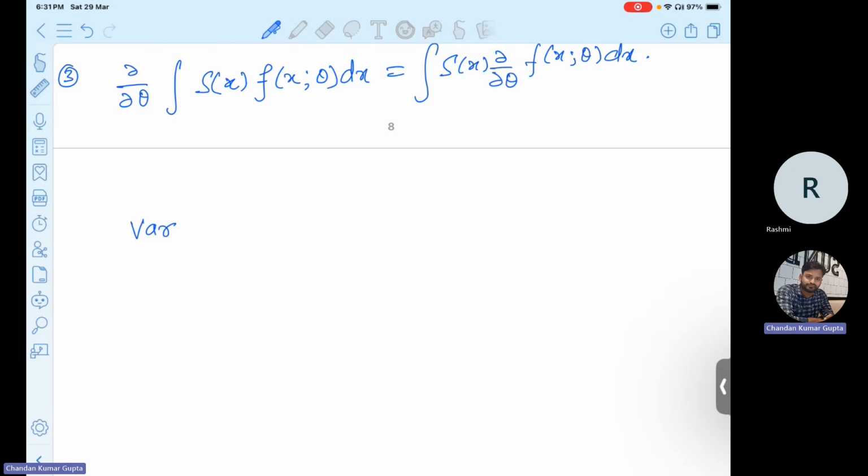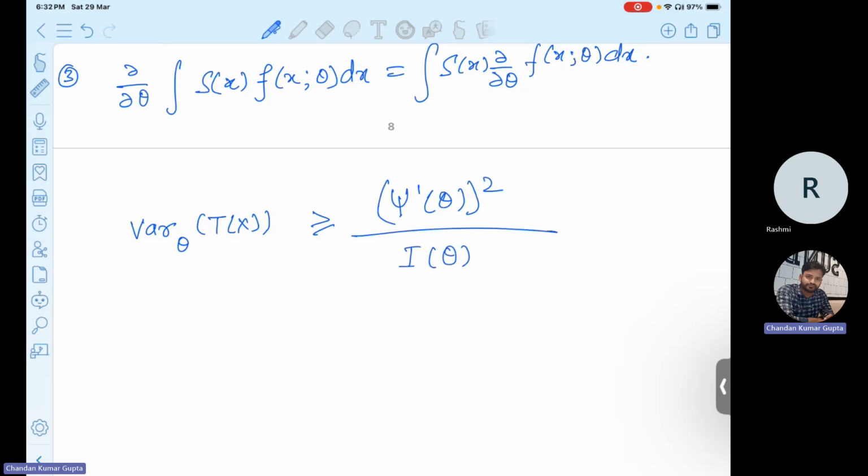If these three conditions hold, then the variance of the estimator used to estimate the parameter is always greater than or equal to psi dash of theta whole square divided by I theta. Here I theta is the Fisher information.